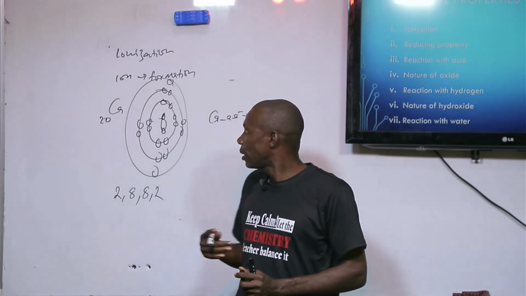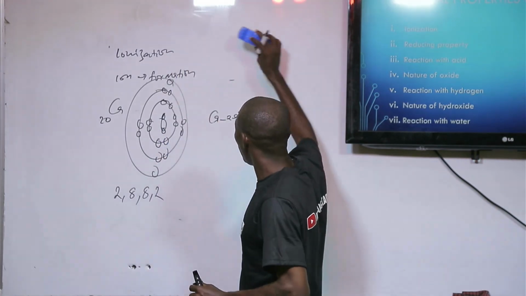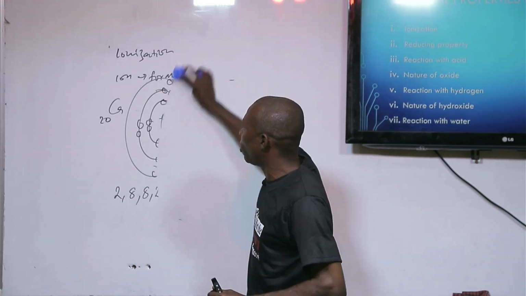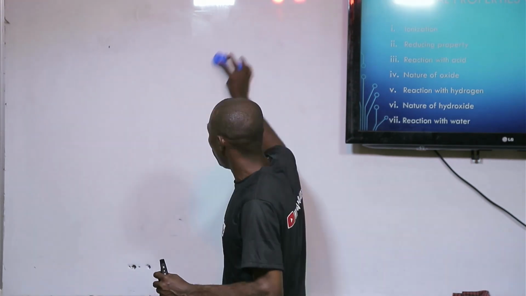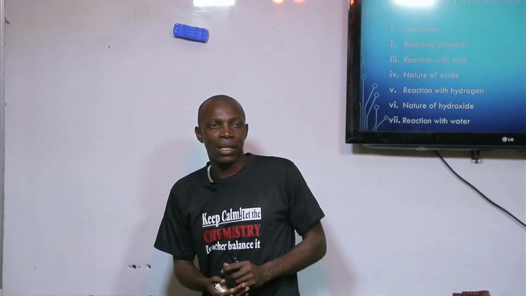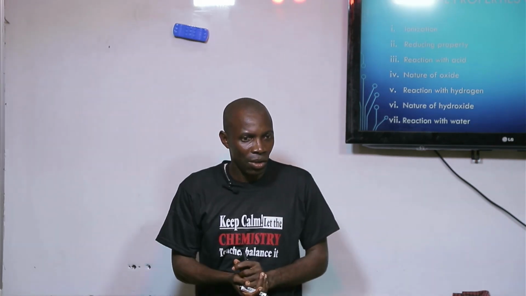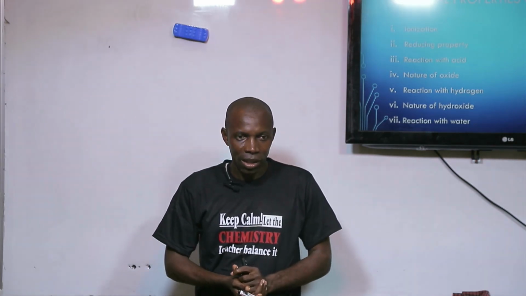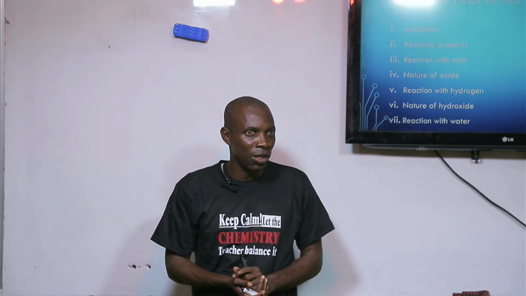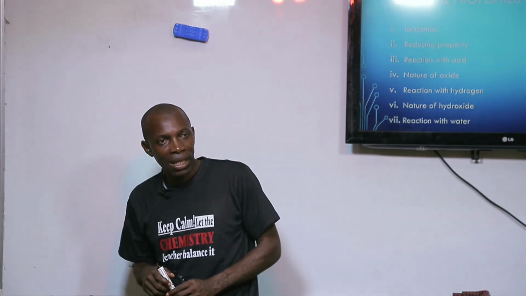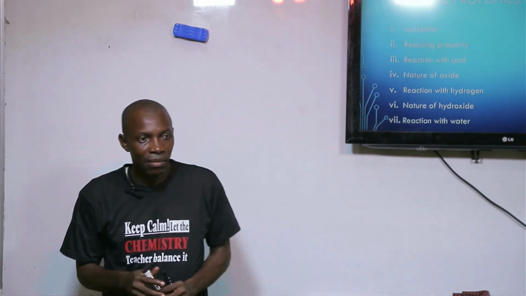Then, on the reducing property of metals, you find out that they donate electrons, so they become reducing agents, which you have discussed before. But now we are going to look into reactions of metals with acids.